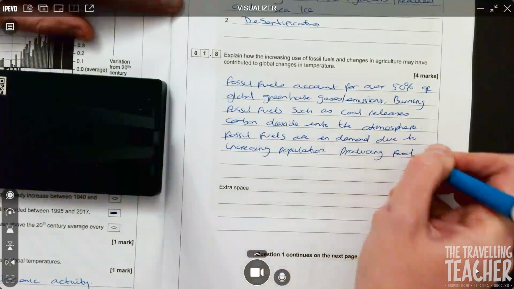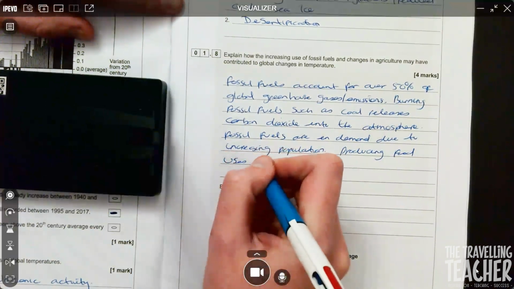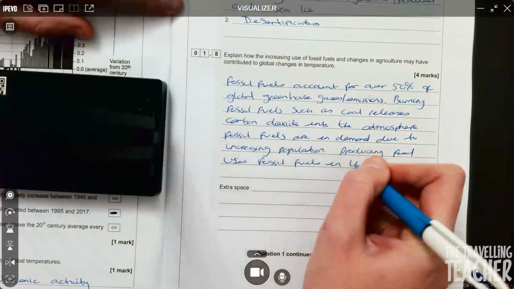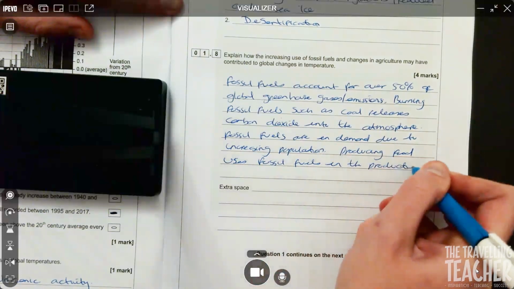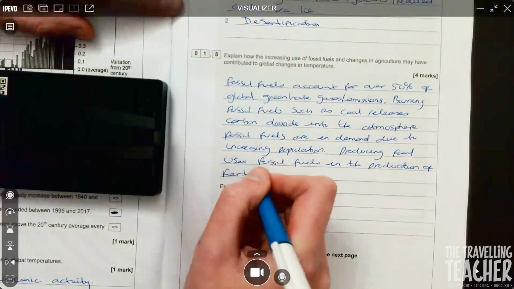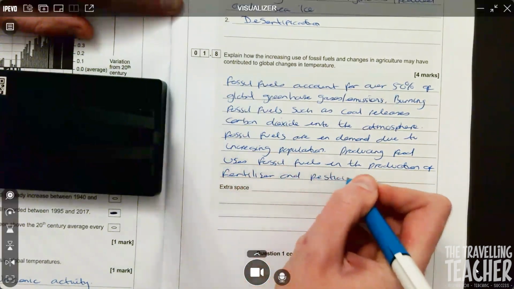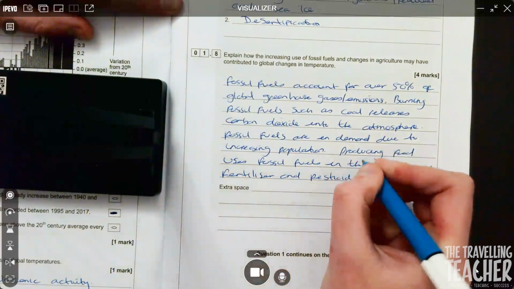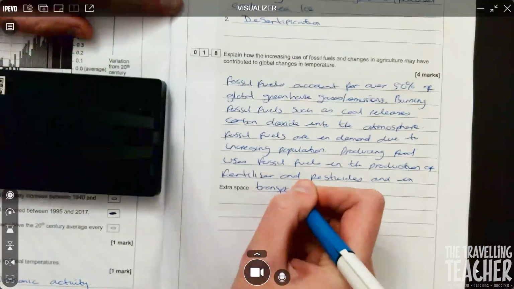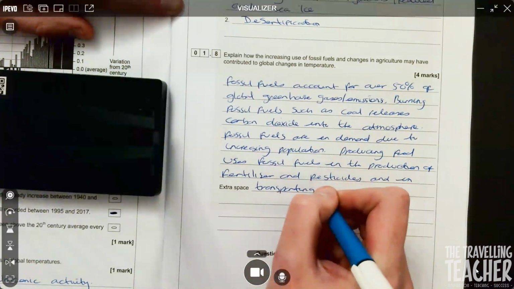Producing food uses fossil fuels in the production of fertilizer and pesticides, and in transporting. Full stop.